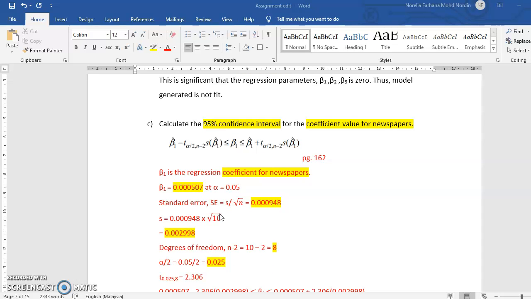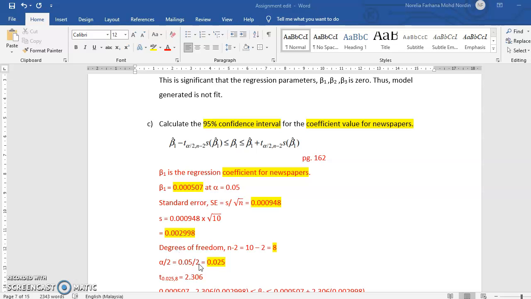And then, degrees of freedom, which is n minus 2 equal to 10. 10 is number of sample minus 2 equal to 8. Degree of freedom ni nanti kita akan gunakan untuk tengok critical value dekat table. This one alpha divide by 2.